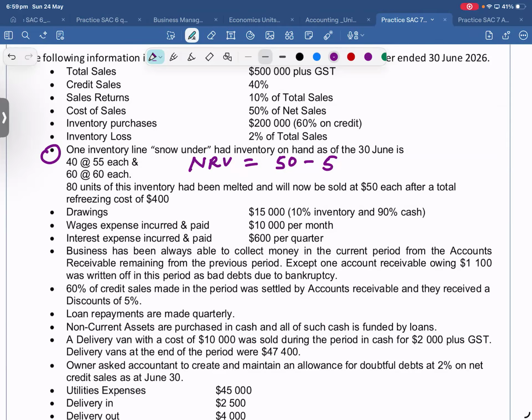Cash flows from financing activities. $13,500.